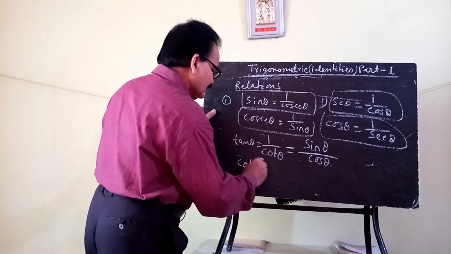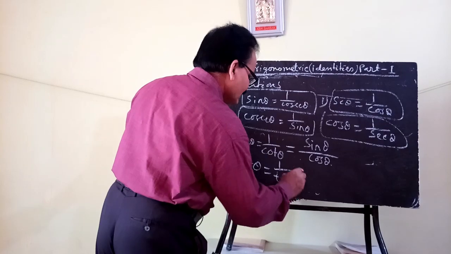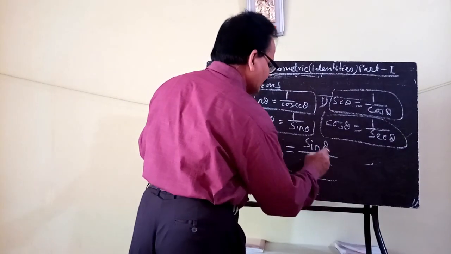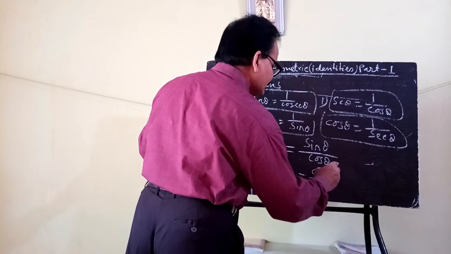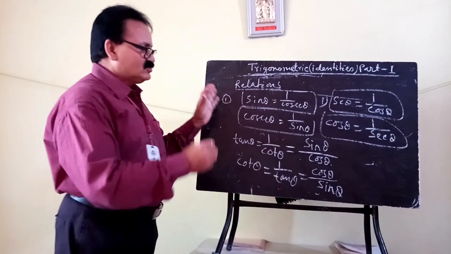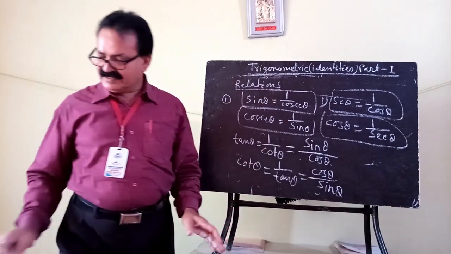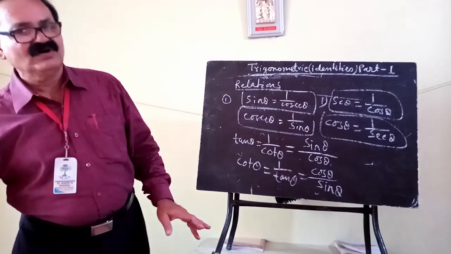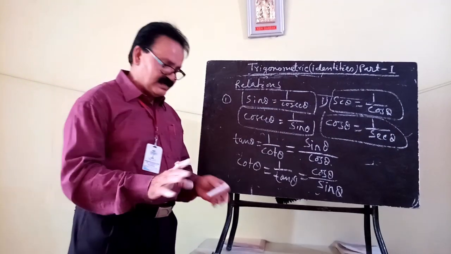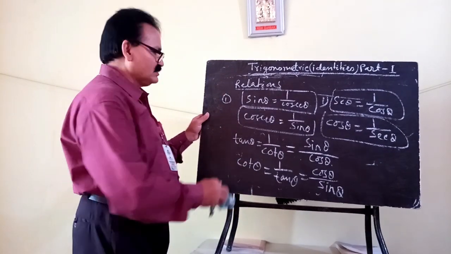Similarly, cot theta can be replaced by 1 by tan theta, or written as cos theta by sin theta. All these relations help you to solve various identities. Clear?